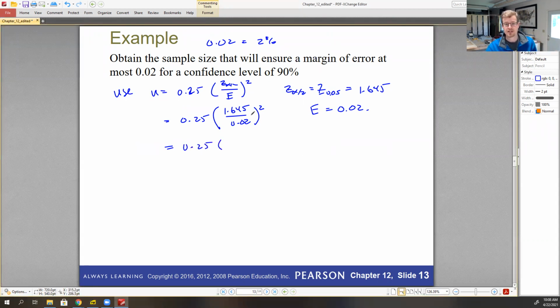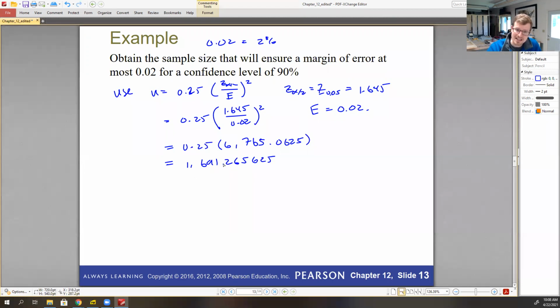Punch this portion in first, and that would be 6,765.0625. Then we multiply those, and we would get 1,691.265625.